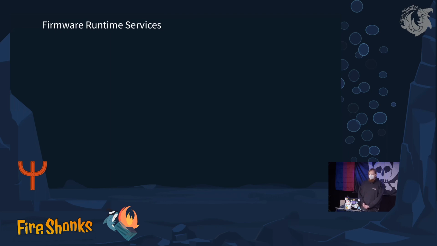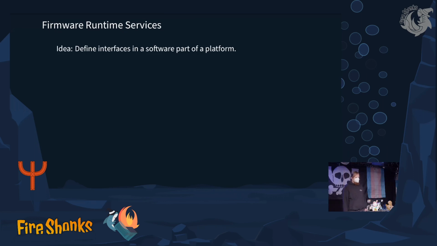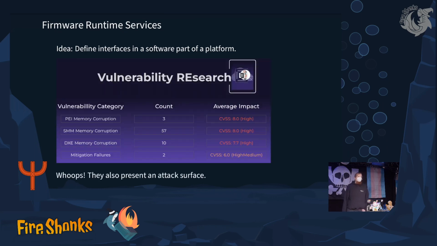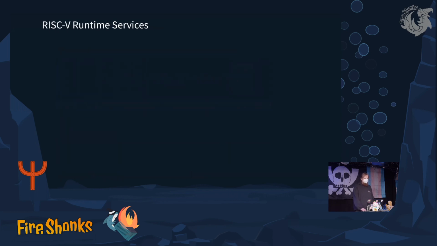The next part I have to shorten a little bit. It's runtime services. The idea is to abstract a platform. You define interfaces again, and you turn the software into part of the platform, which is problematic if you turn the software into part of the hardware layer, because that creates a new attack surface.